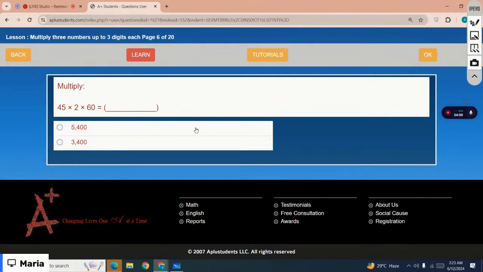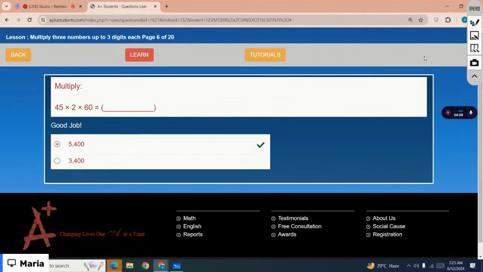So option number 1 is the correct option. That is 5400 is the correct one.